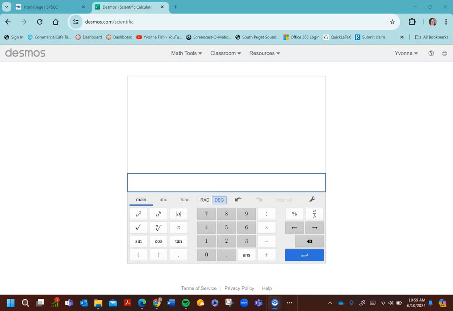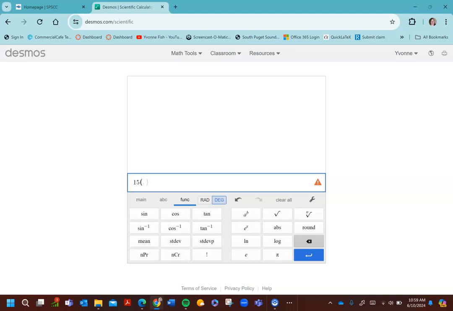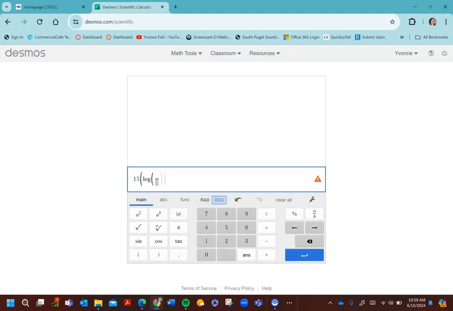Okay, so to type this all in Desmos, you can do 15 and then parentheses, and then do log. Let your function do log, and then make sure you use either the fraction key or parentheses, and you're going to have 11,000 and then your 23.39 in the denominator.